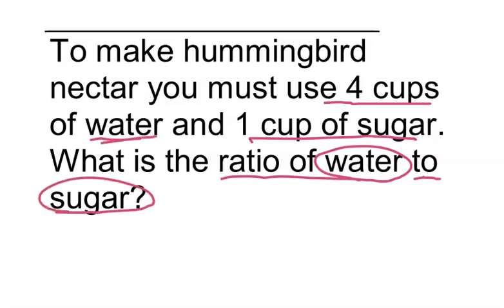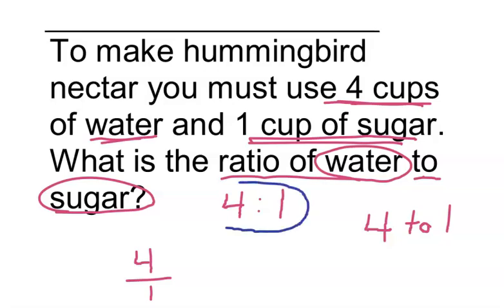So the amount of water is 4 cups, so it's going to be 4, and we can put a colon, and then sugar's second, so that'd be 1. So there's our ratio, 4 to 1. Okay, but we can also write it a couple different ways: 4 to 1 with the word "to," and 4 over 1. All of those would be perfectly fine in this scenario to show the ratio.